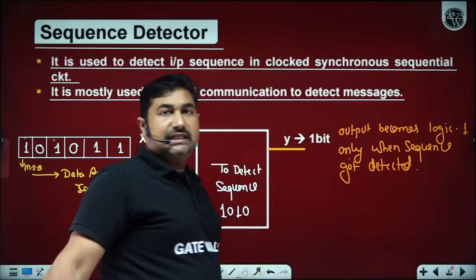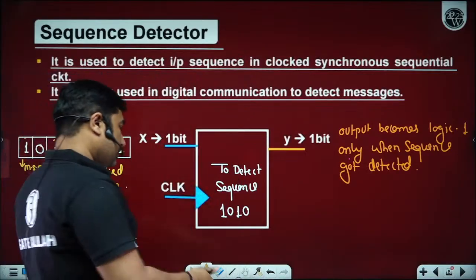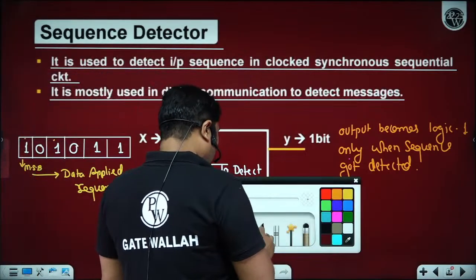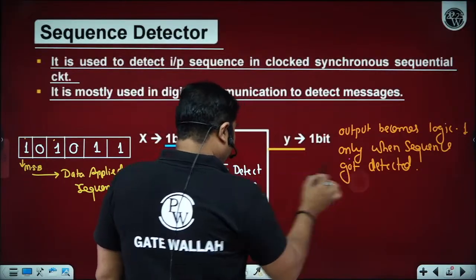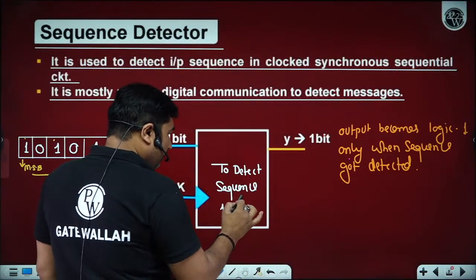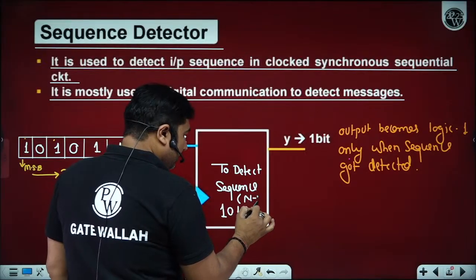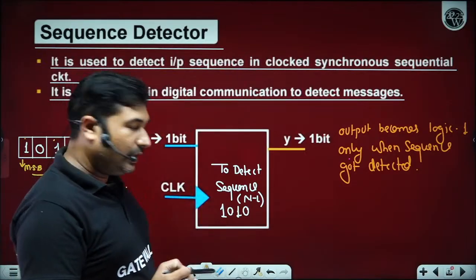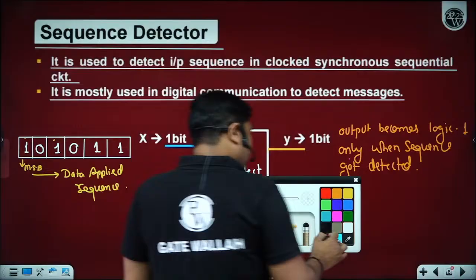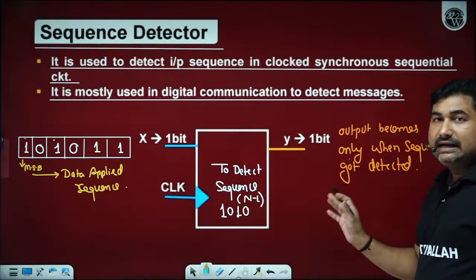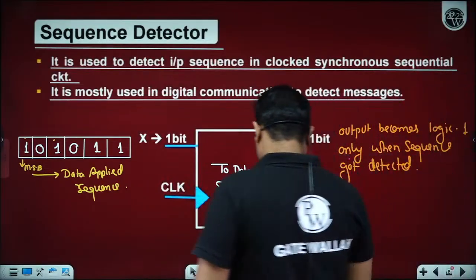In case the sequence is not detected, we say the output is logic 0. First I am using a non-overlapping NL type. What is NL type and OL type? We will discuss later on. But just understand it is an NL type, that is, a non-overlapping sequence detector.